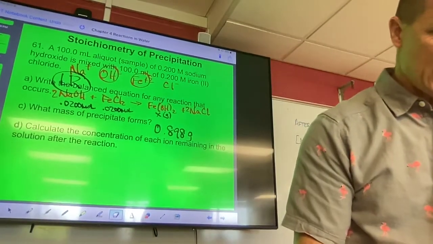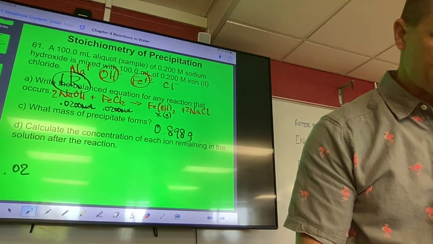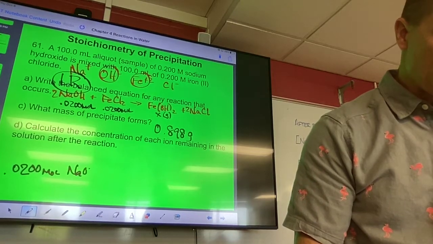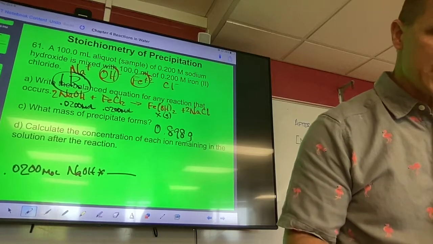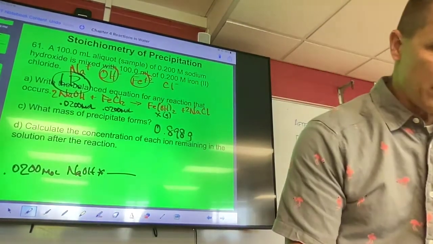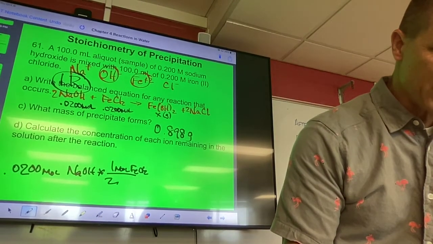The limiting reactant. It's 0.02 moles of NaOH. I know all that reacted. So multiply by the mole ratio between these two. It's 1 mole of FeCl2 for every 2 moles of NaOH.